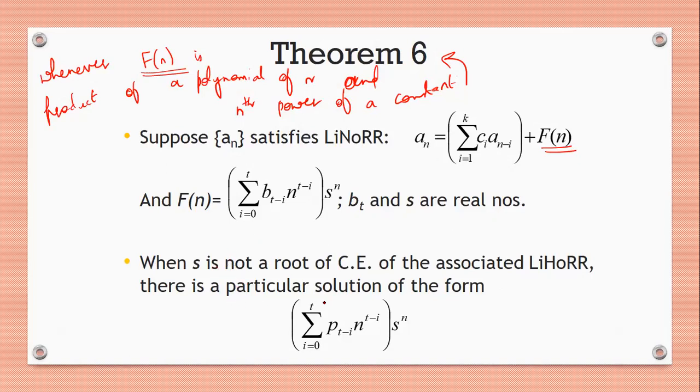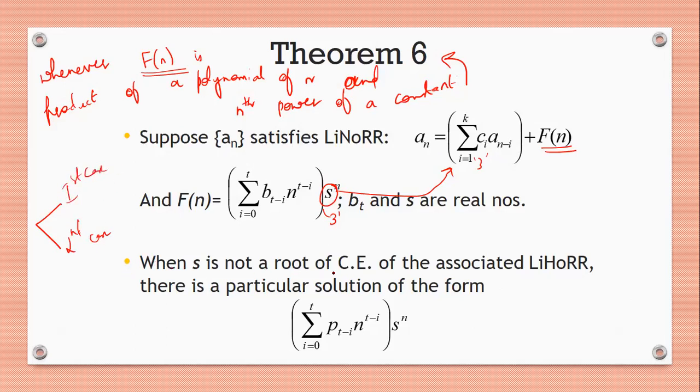The particular solution should be, now here we have two scenarios. Suppose this s, which is some real number, is a root of this equation. Suppose we have 3 over here and 3 is a root in this case. For this equation we generally find the roots, right? If 3 is the root, then we have the second case, and when s is not a root, then we have the first case.